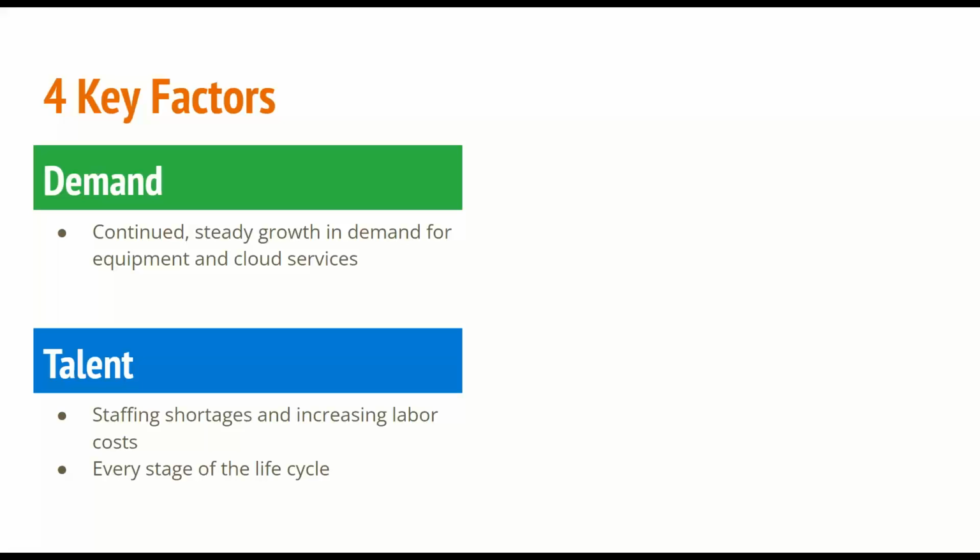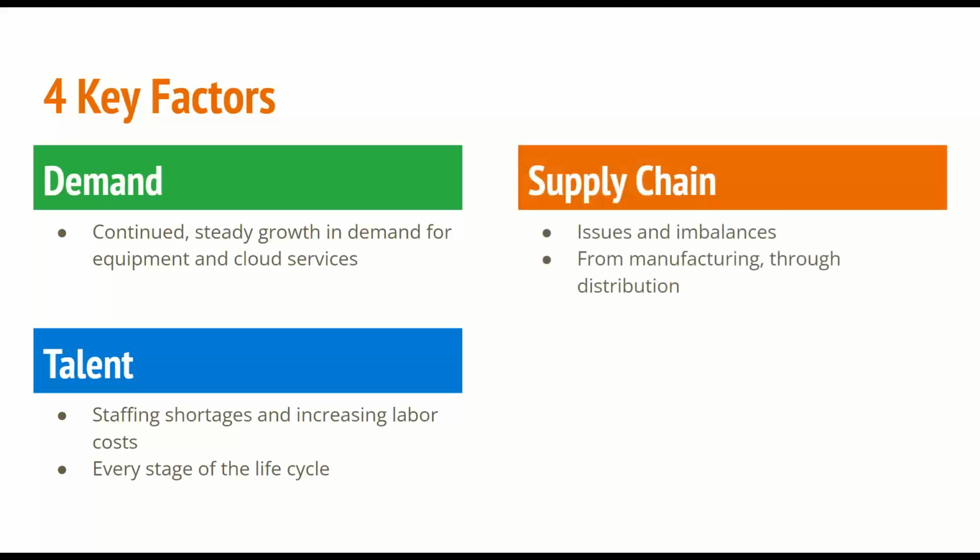But it goes all the way back to staffing of manufacturing, distribution functions, really the entire supply chain and the entire life cycle of your physical technology. There are issues with staffing and increased labor costs, and that's being reflected not only in the pricing, but in the time it takes for things to turn around or things to arrive, to get from the factory through the warehouse to your office.